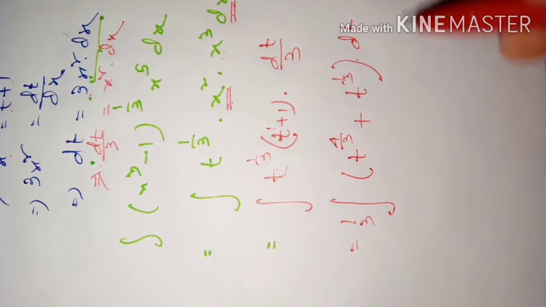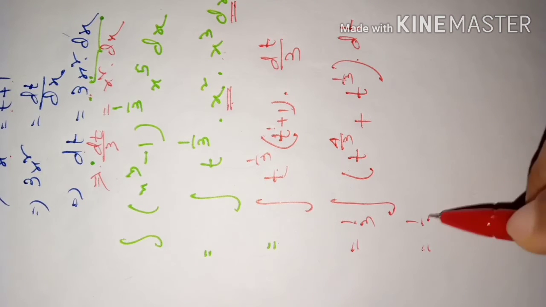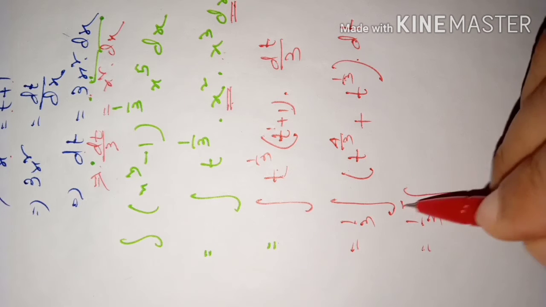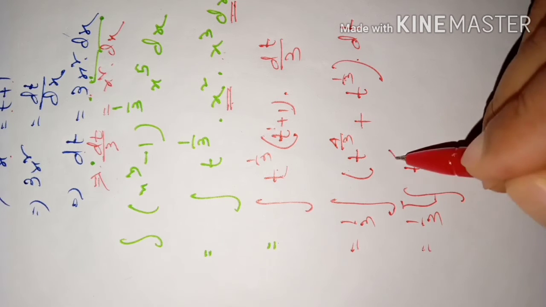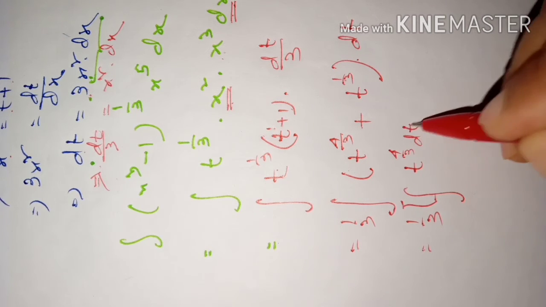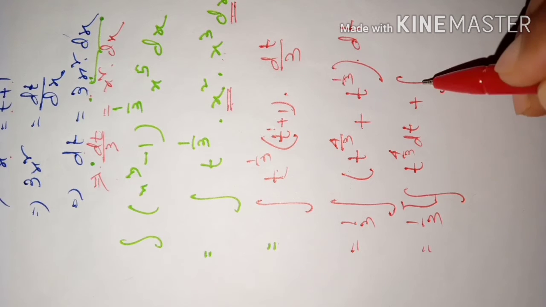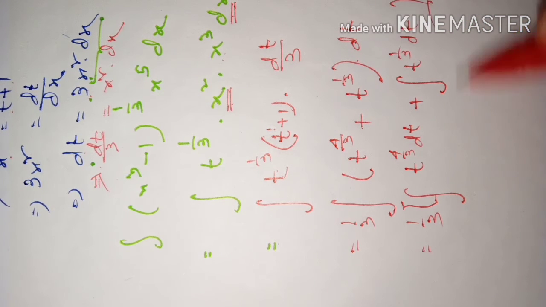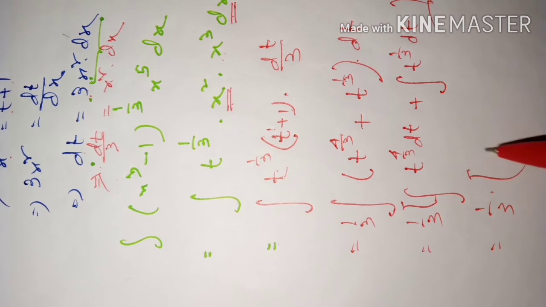So dear students, just see, 1 by 3 into the integration of t to the power of 4 by 3 into dt plus the integration of t to the power of 1 by 3 into dt. So we will get 1 by 3 into t to the power of 4 by 3 plus 1, divided by 4 by 3 plus 1.